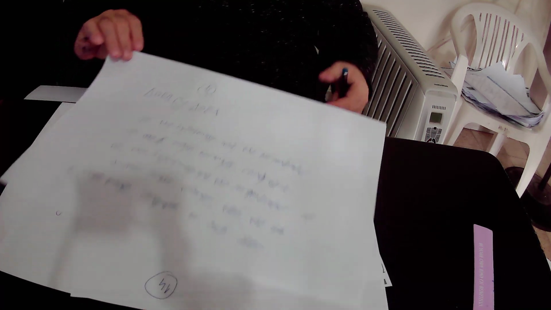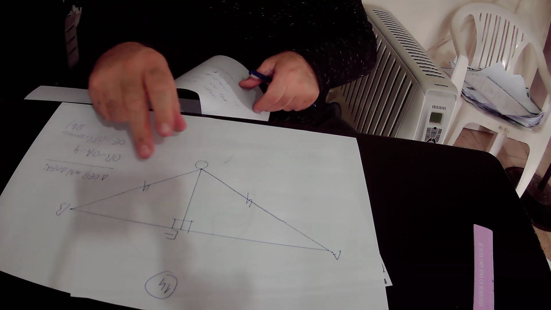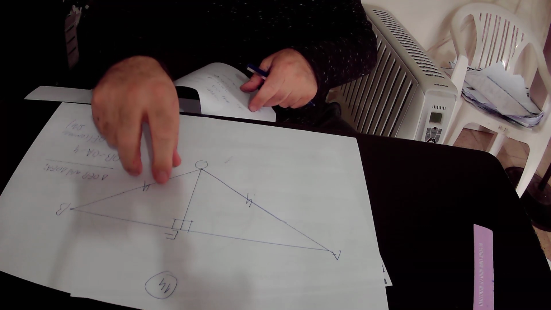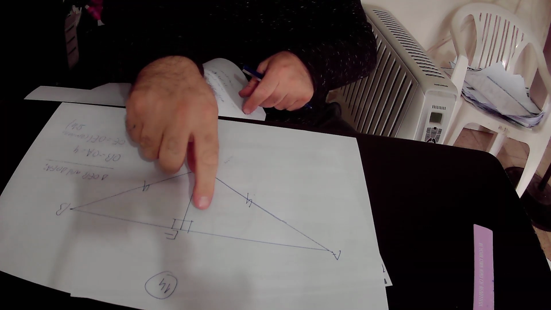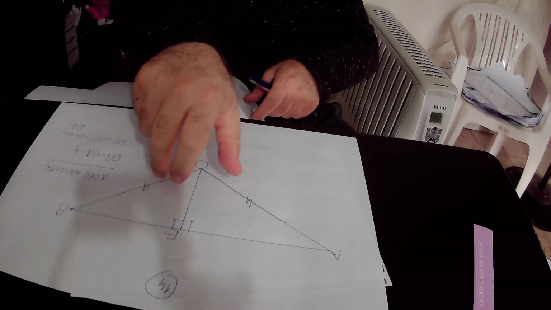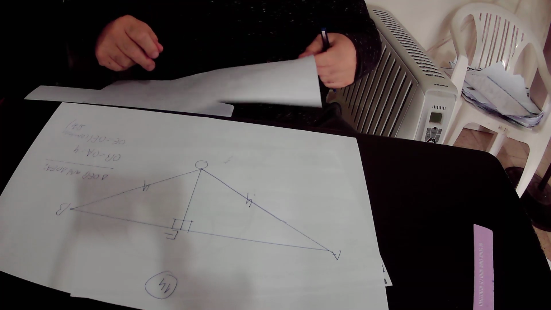And we proved that the hypotenuse and the perpendicular of this triangle are congruent to the hypotenuse and the perpendicular of this right triangle. Therefore, we proved that those two right triangles are congruent to each other according to this rule.